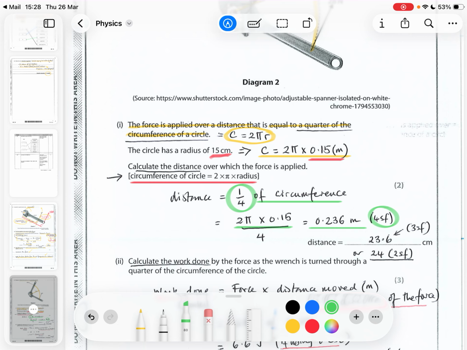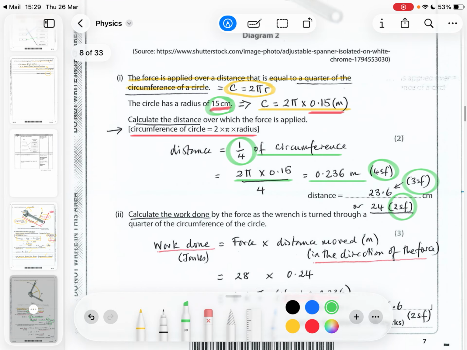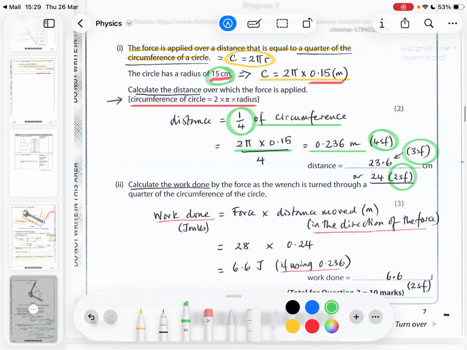You should really use 3 significant figures or even 2 significant figures, because the data provided is 2 significant figures. That's how accurately we know our values, how precisely we know the values, I should say.